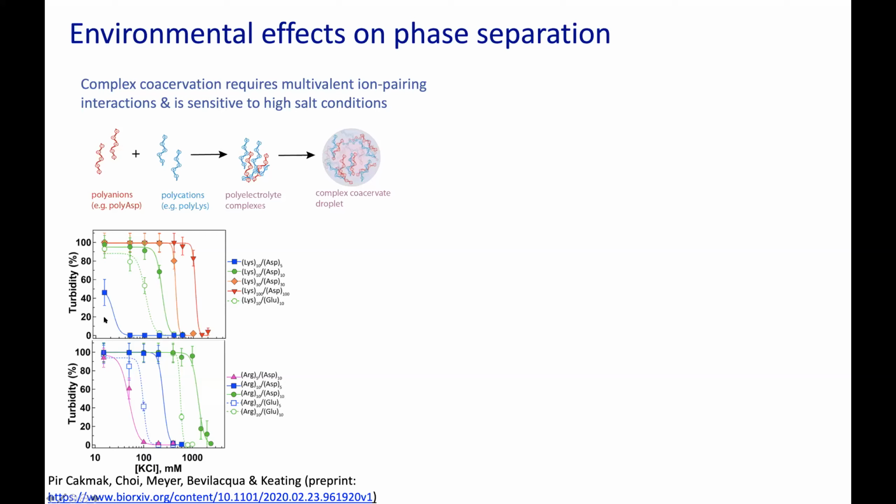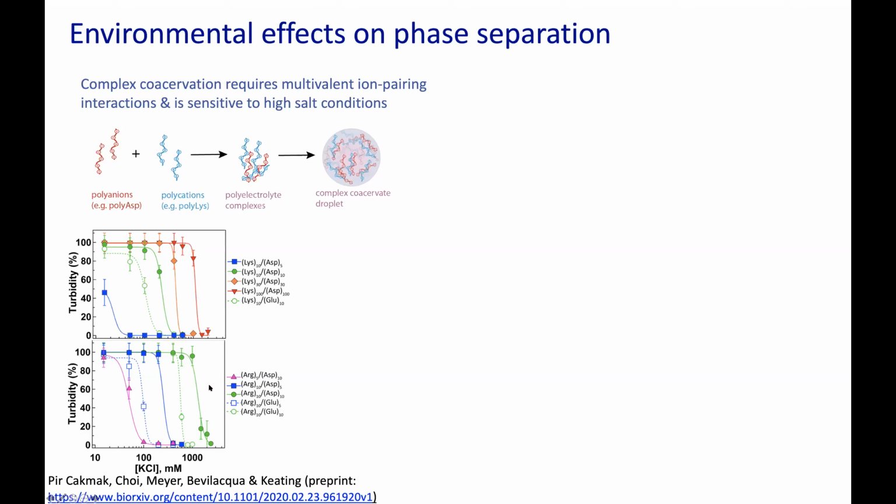And as we move from the low salt to high salt stability, what's changing, if you look at all these different symbols, is the length of the polypeptides. The longer polypeptides can survive in higher salt conditions. So this red curve here is 100-mers, which is not super prebiotic. And on the bottom, we're looking at arginine-aspartic acid and arginine-glutamic acid as opposed to lysine.